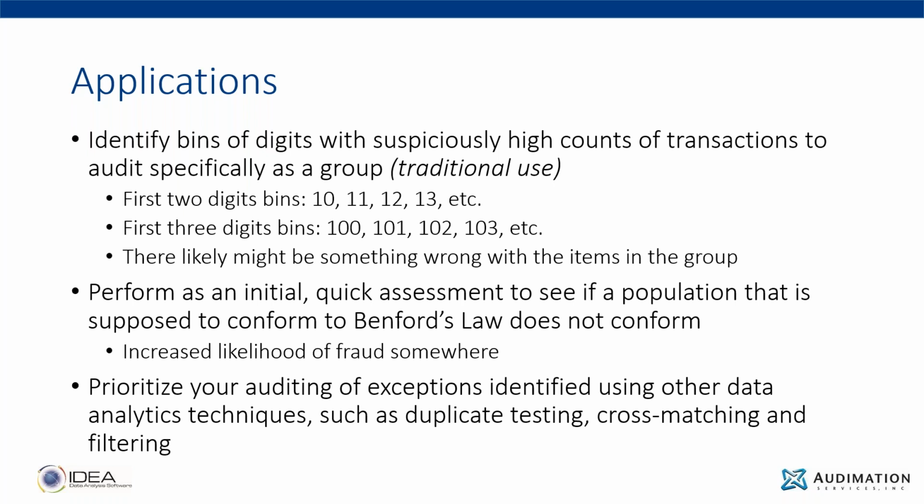We don't know exactly where to start and which area we should focus the most of our time. Well, if we were to perform Benford's Law from a conformity aspect on inventory, the procurement invoices, and the goods receipt, and we found that one of those three did not conform and the other two did, then we'd probably choose to prioritize our analysis time on the one that did not conform.